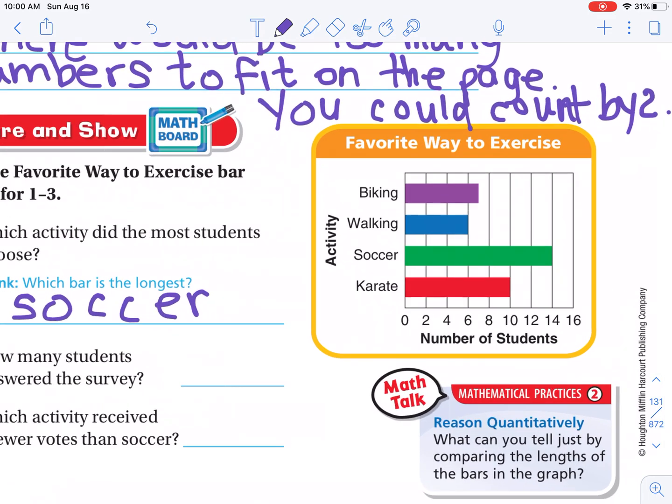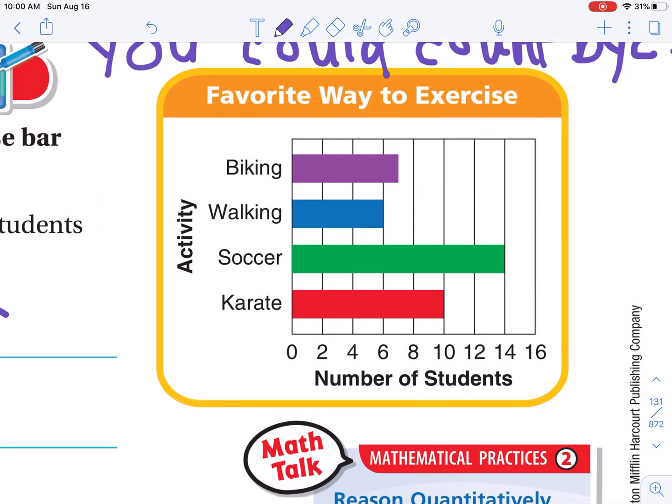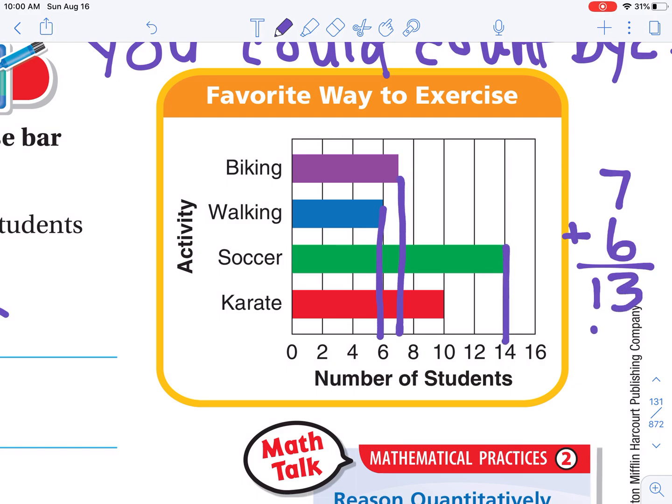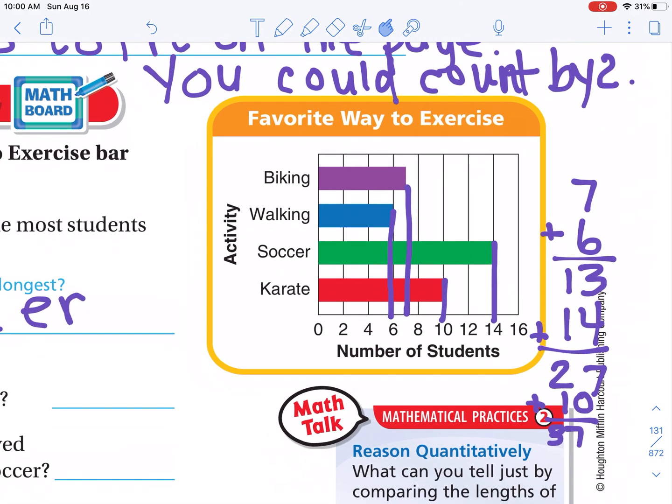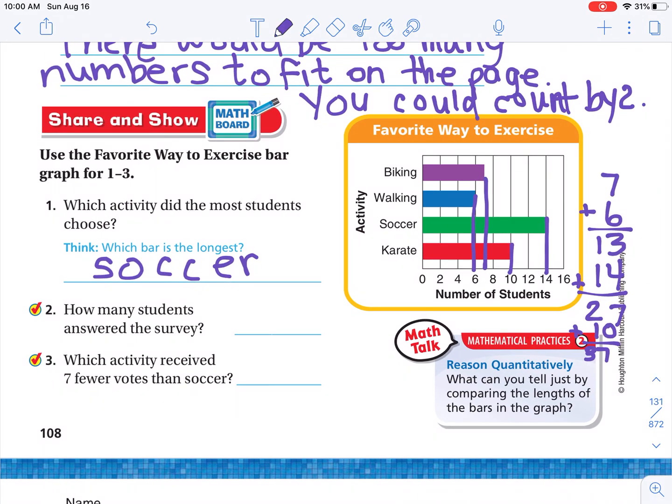So it looks like if I zoom in, biking is halfway in between 6 and 8, so that's going to give me 7, plus walking has 6, 7 and 6 is 13, soccer is 14, if I add on 14, I'm going to get 27, and then karate is 10, 27 plus 10 is 37. So the total number of students answered the survey is 37 students.